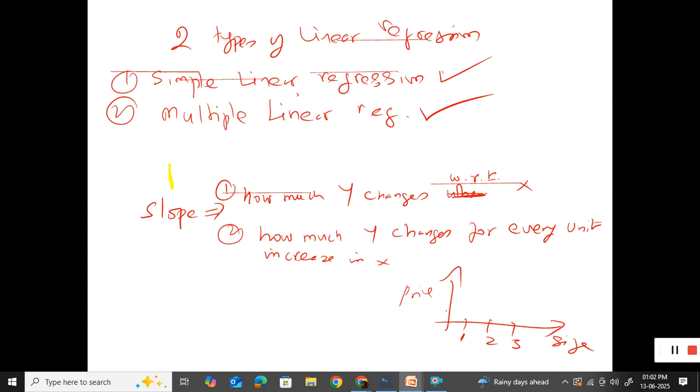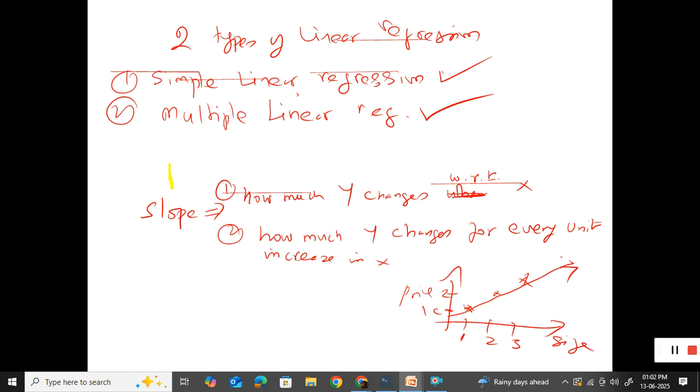When the square feet is 1,000, the price is, let's say, 1 crore. Then you put a dot here. When the square feet is 2,000, it is going to be 2 crore, and you put a dot here, and similarly here. Then when you connect these dots, that is your straight line.